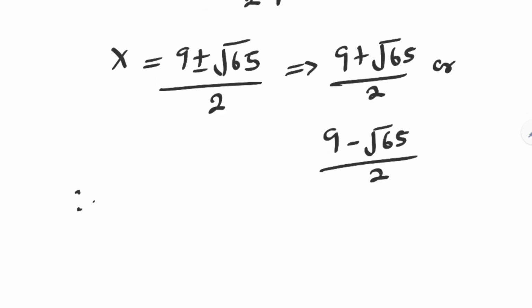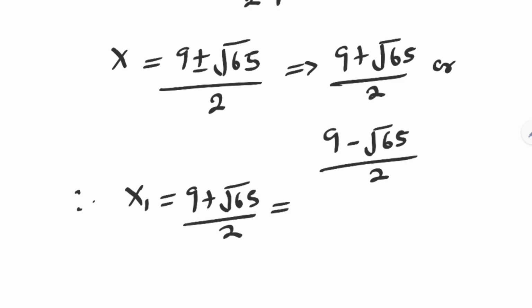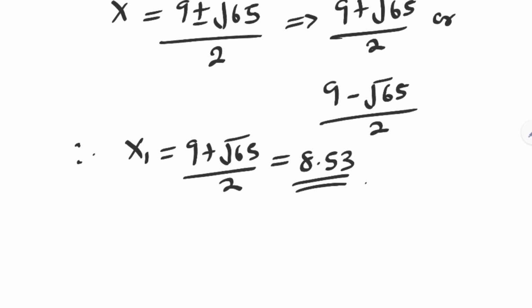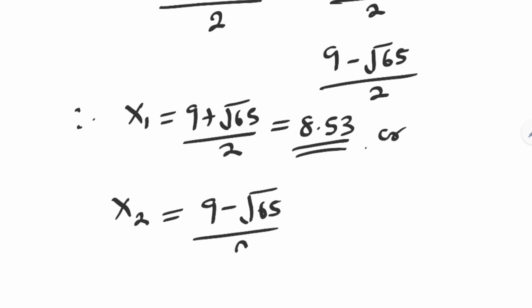Therefore, s1 is equal to 9 plus square root of 65 over 2. This is equal to 8.53 if you use your calculator, or s2 is equal to 9 minus square root of 65 over 2.